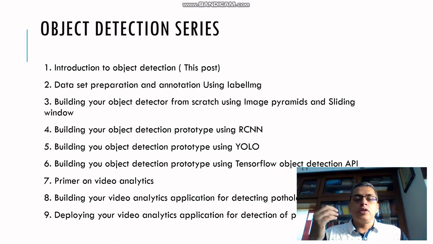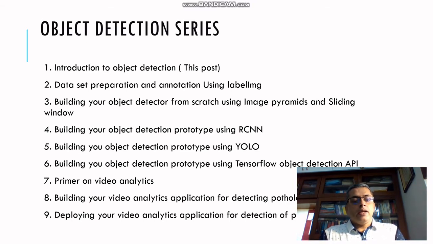And in the fourth post, we will get into a little more advanced method, which is the RCNN methods, which were based on a CNN model, which is used for object detection. And in the fifth, we build an object detector using another advanced method called YOLO. There are different versions of YOLO, so we'll be using one of these YOLO methods.